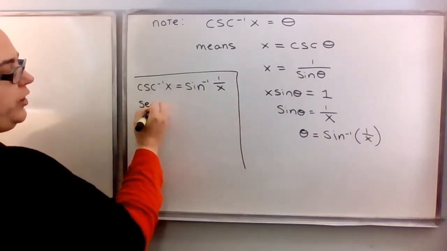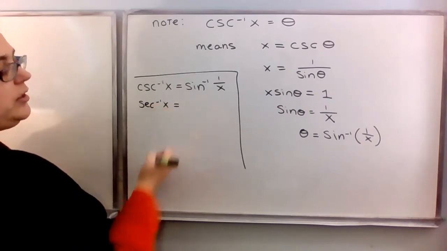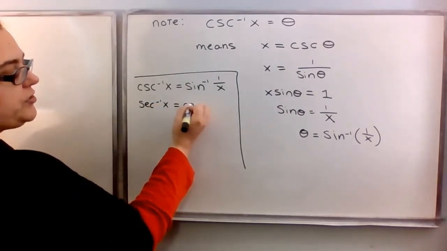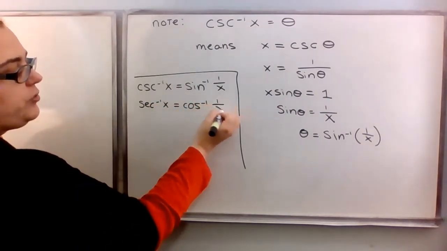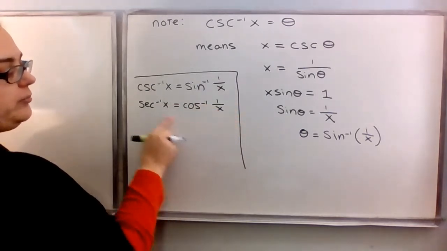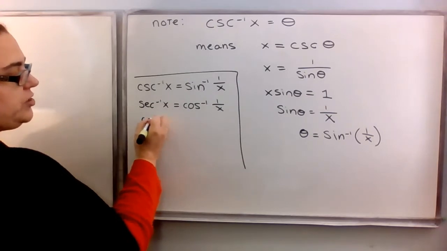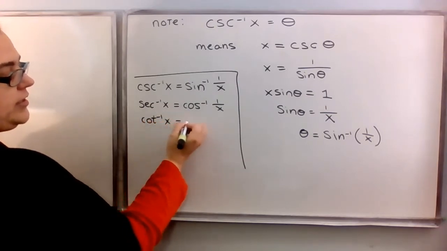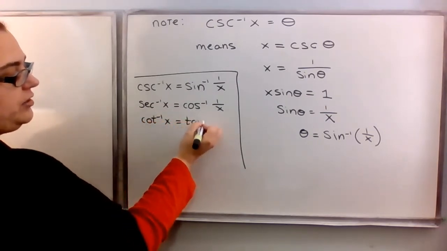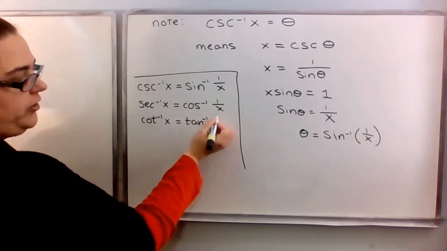If you're looking for inverse secant, that's going to be inverse cosine of the reciprocal of the argument. And similarly with inverse cotangent, that's going to be the inverse tangent of the reciprocal of the argument.